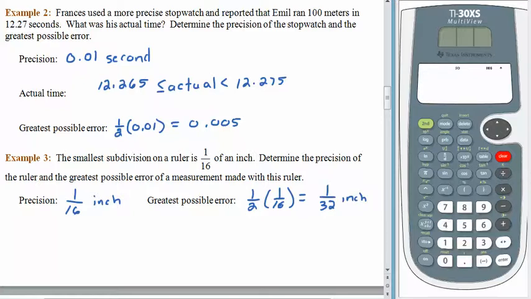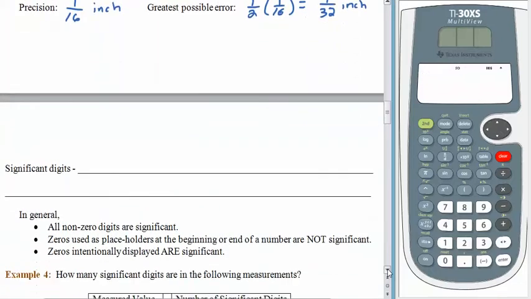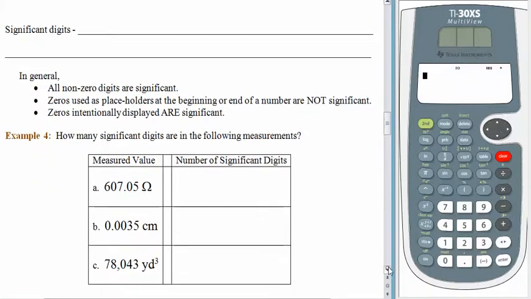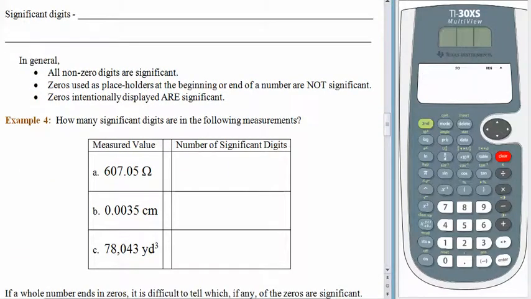All right, so let's flip the page and talk a little bit about significant digits. We use significant digits to communicate with other people about the precision of the measurement.